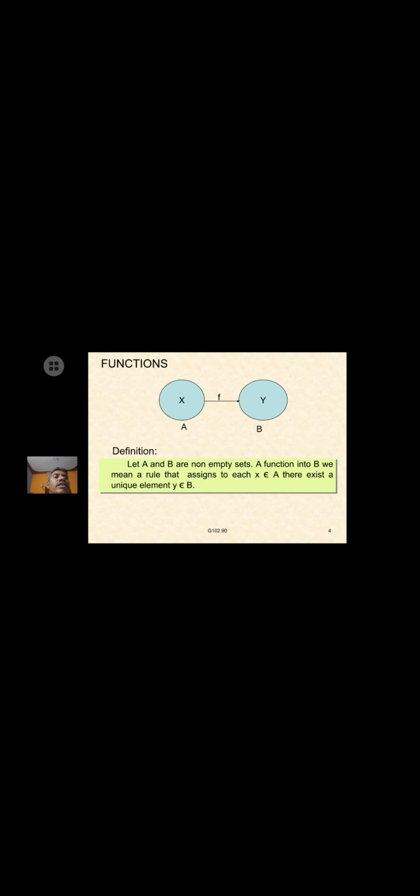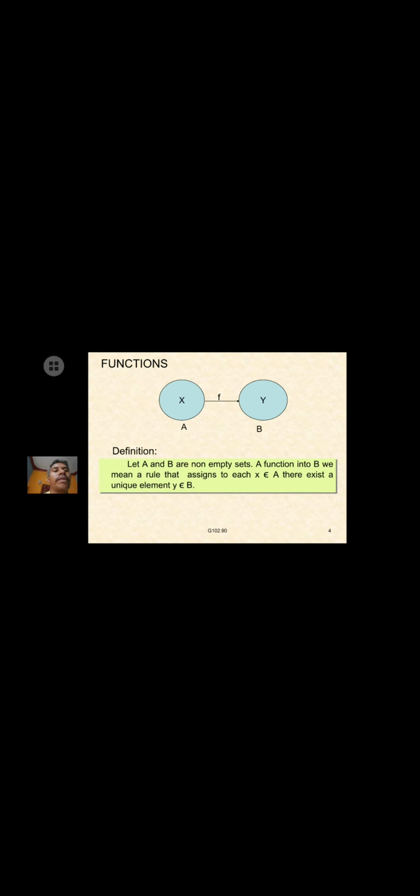So this type of relation or connection or rule, where each element is connected with a corresponding value or element in A, is called a function f from A to B. So here we can say y equals f of x.